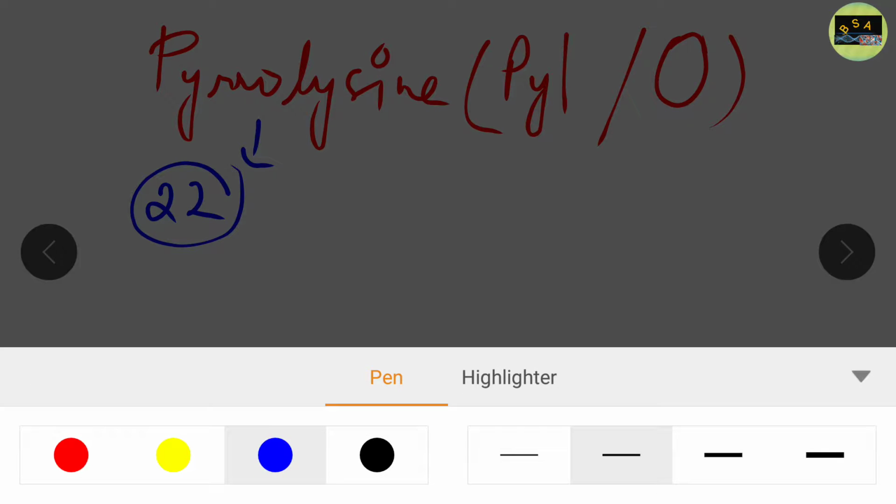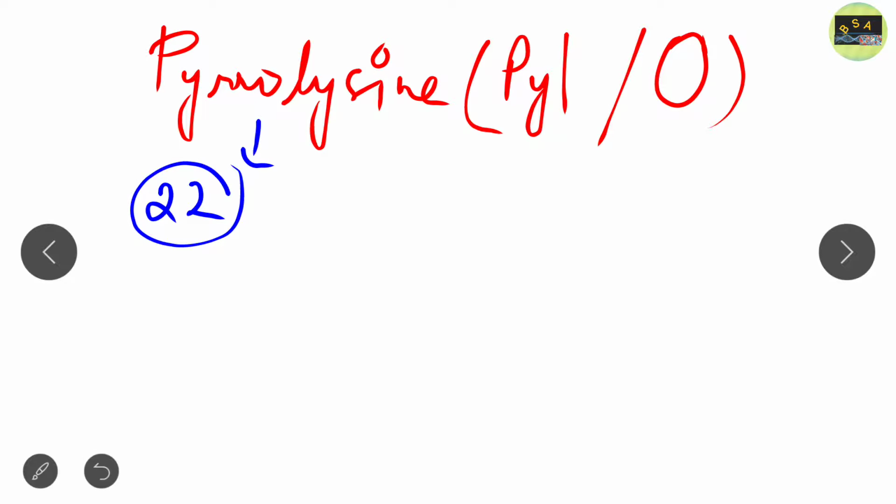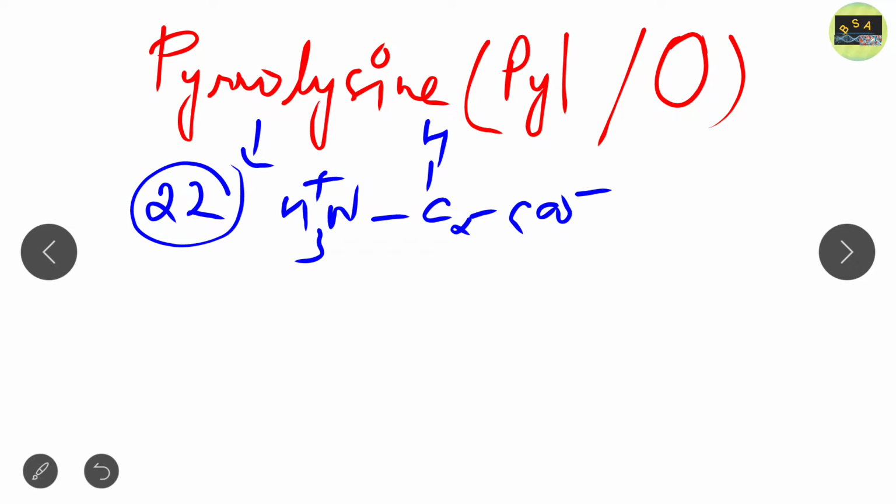Now just look at the structure of lysine. I draw it again. This is the C alpha, this is the COO minus, this is the basic group NH3 plus, and this is the hydrogen. Here I am going to draw the side chain: CH2 CH2 CH2 CH2, four CH2 with an end NH3 plus.